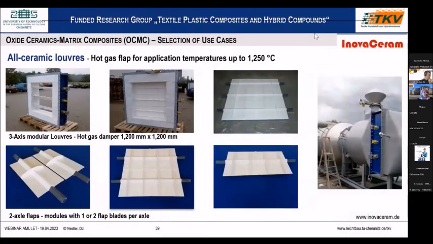Now a couple of examples from Mr. Hermann in Ceram in Germany. Here are some ceramic louvres, a hot gas flap for application temperatures also up to 1250 degrees as a modular construction with a variety of axis modules.